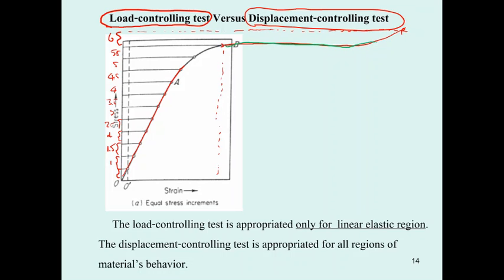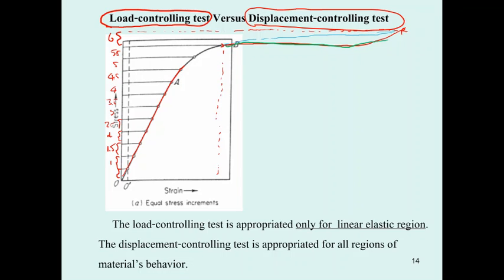So what do you get? You only get that your structure deforms along the light blue line, not the green or the red. So some mistakes occur when you do the load controlling test. In the lab, when you notice a large change of deformation, you switch from the load controlling test to the displacement controlling test.